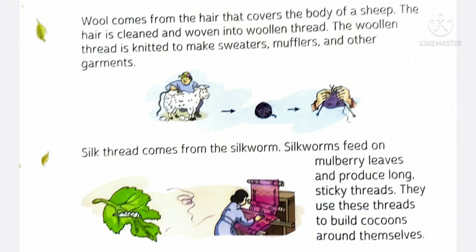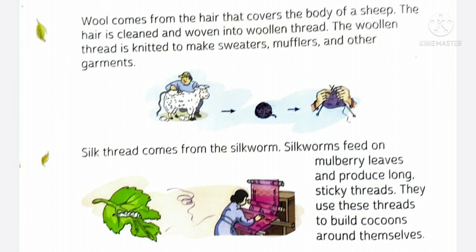So here, children, silk thread also occurs naturally in nature. A silkworm, an insect, produces silk thread. They feed on mulberry leaves. These leaves they eat, they grow over there. You can see the picture is given over here, children. The white colored object over the leaf is the insect, the silkworm.